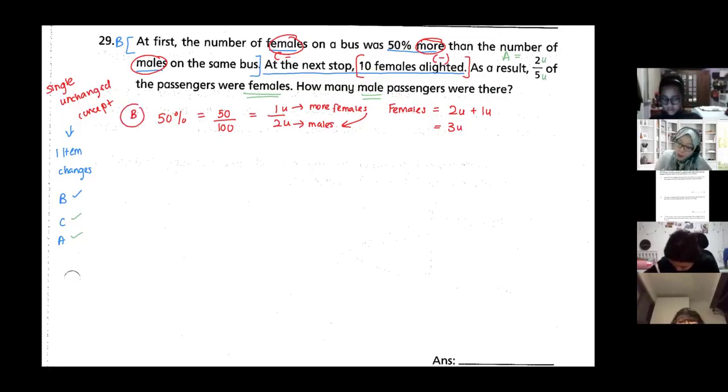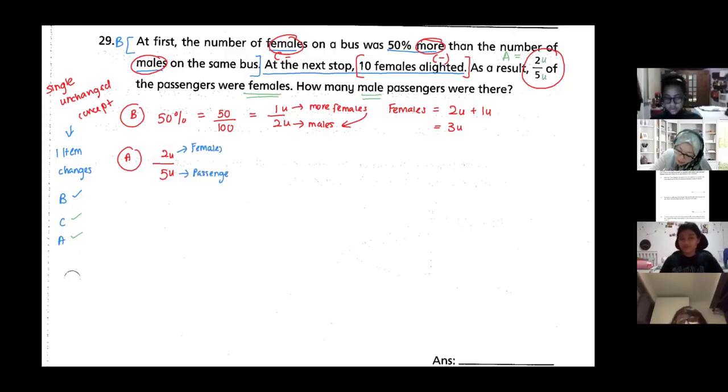Let's move on to the next one. 10 females alighted, so I know this one is the change. Who changes? Females change. The next one I want to pluck out is my 2/5, my fraction, which is my after. They say 2/5 of the passengers were female, so 2 is my females, and 5 is my passengers.